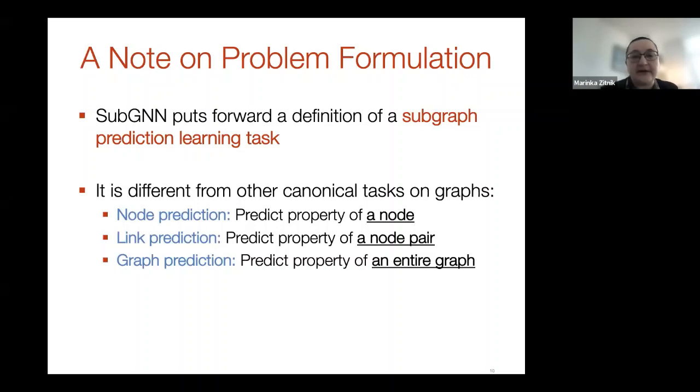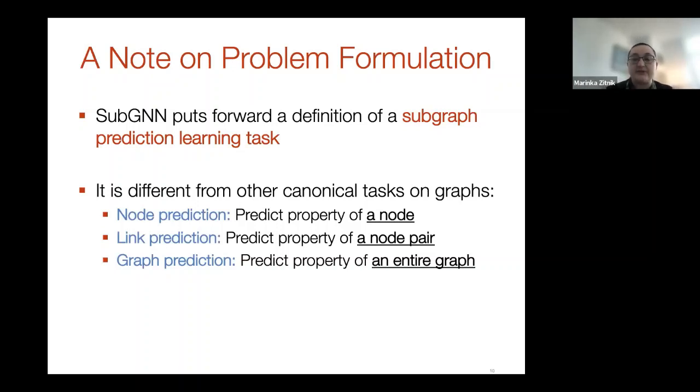And so the other canonical tasks are node prediction, that is predicting properties of single nodes, link prediction that is concerned with predicting the property of a node pair, or graph level prediction that is concerned with predicting the property of an entire graph.